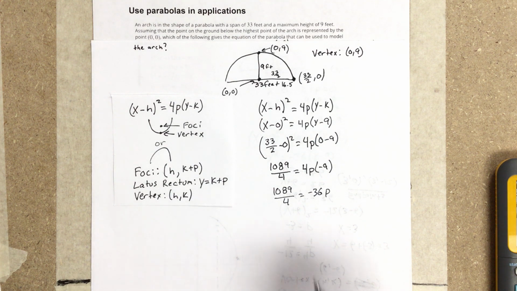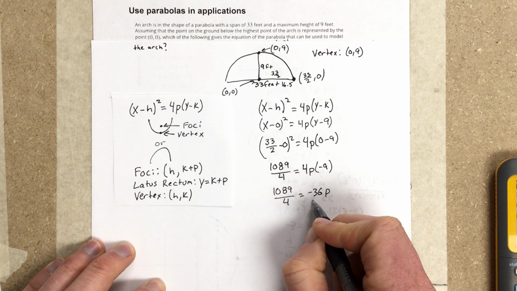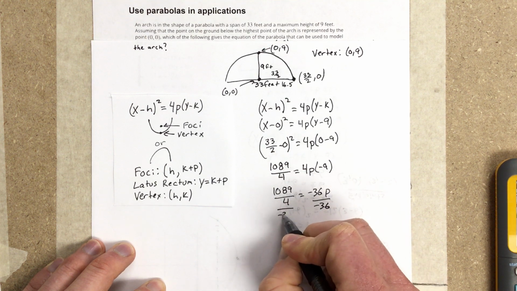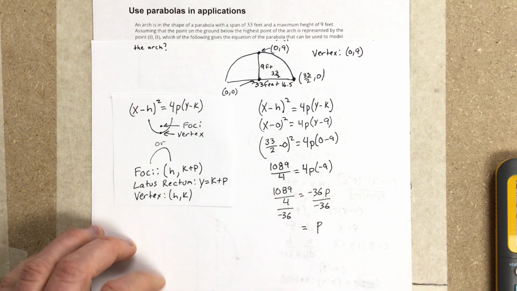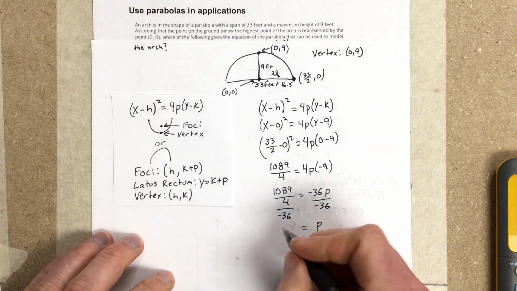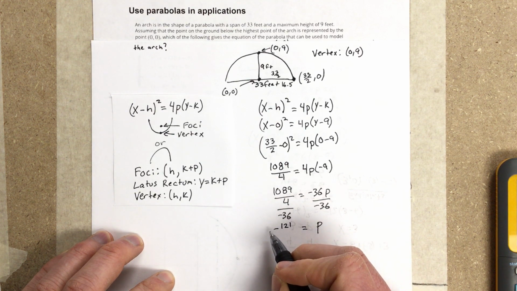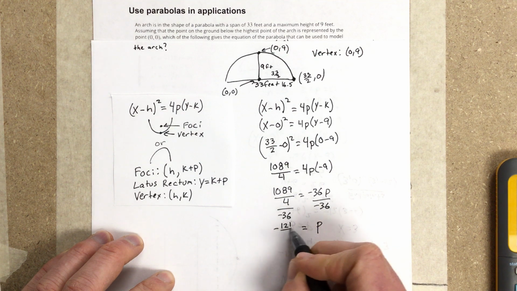Let's divide by negative 36 on each side. If I divide by negative 36 on each piece, I'm going to have p equal to negative 121 over 16.